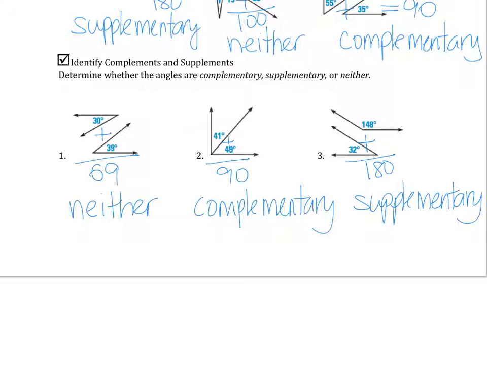So if you add the angle pairs together, in the first one you get 69, so that's a neither. The second one you add and you get 90, so they're complementary. Third one you add, get 180, they're supplementary.